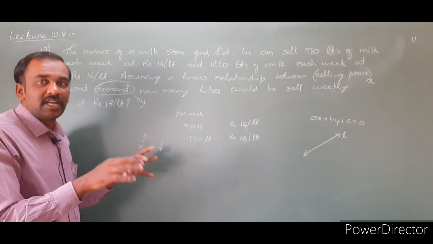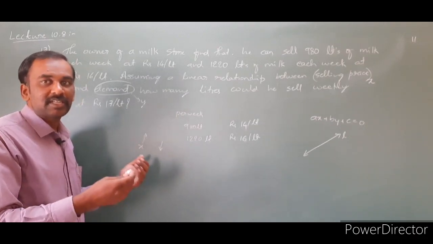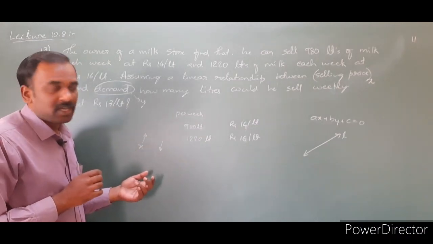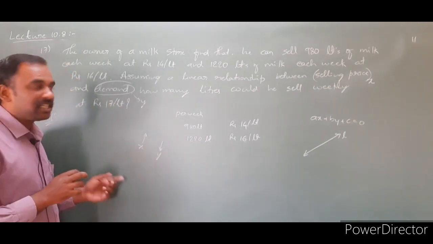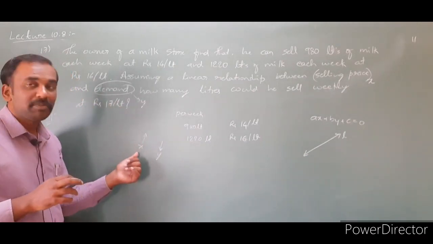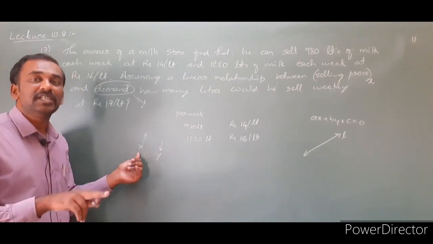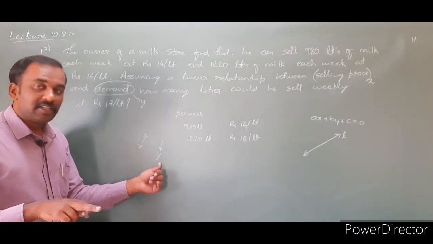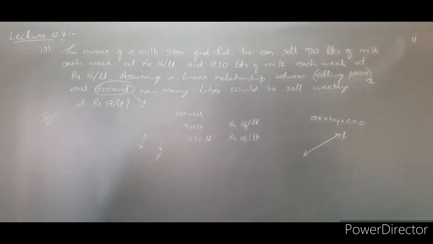Whenever the item cost increases, the number of customers who purchase that item will be reduced. I think you got my point. So demand depends on the selling price. Once more, demand y depends on the selling price.